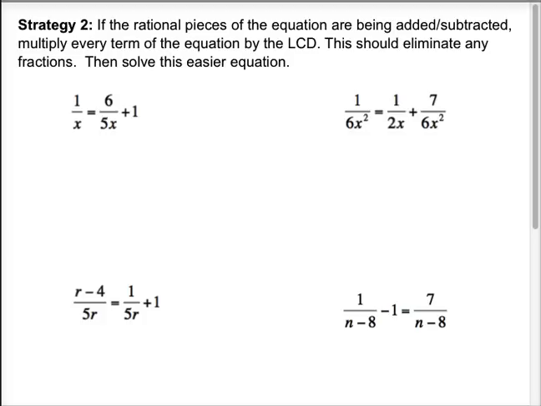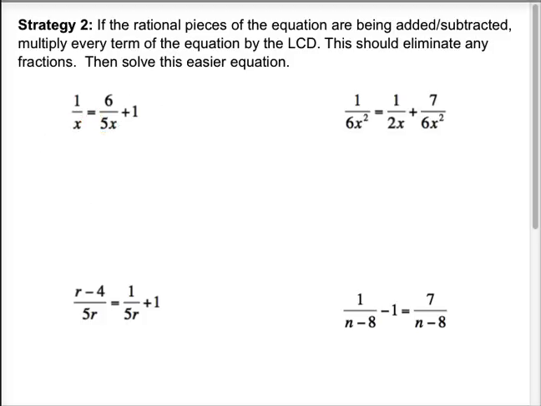So what I mean is I need to look at the pieces in my denominator. So now I have an x down there and I have a 5x down there. So what I'm going to do is multiply the equation by the least common denominator to eliminate all the fractions.